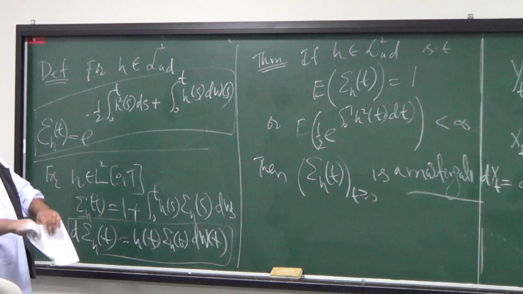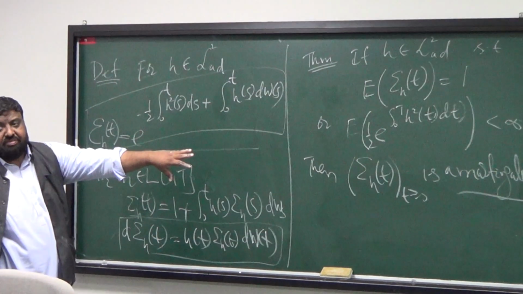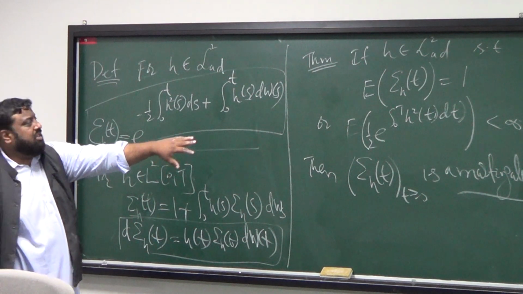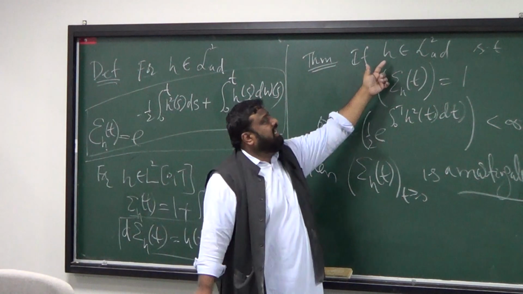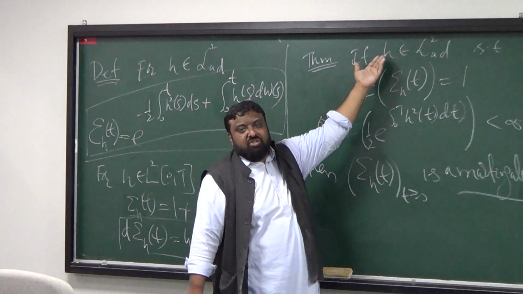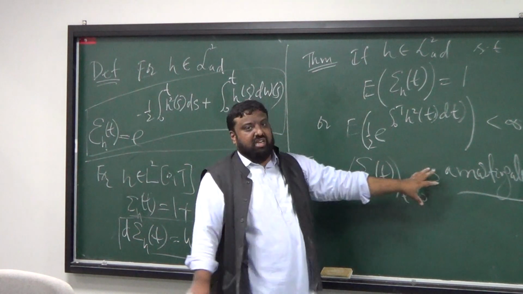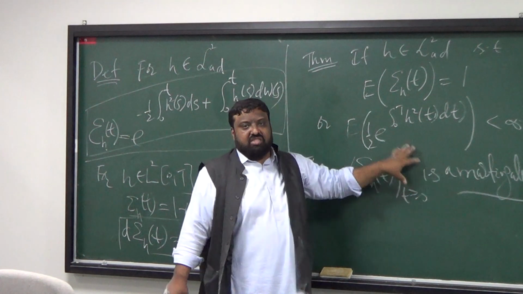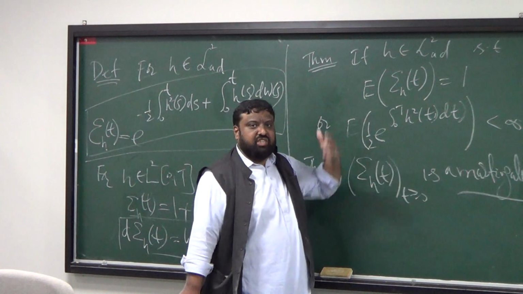If you see my previous calculation, I have already shown that for h in L2AB, simple, when it is deterministic, it's a martingale. But this is true more generally than that.